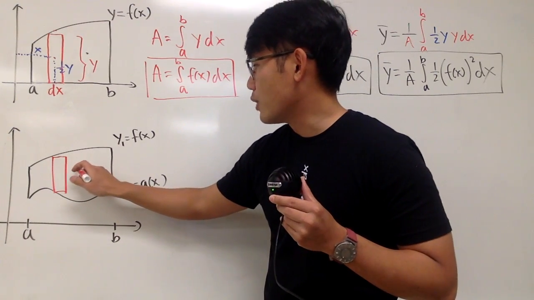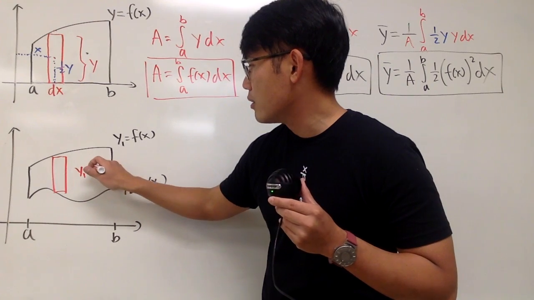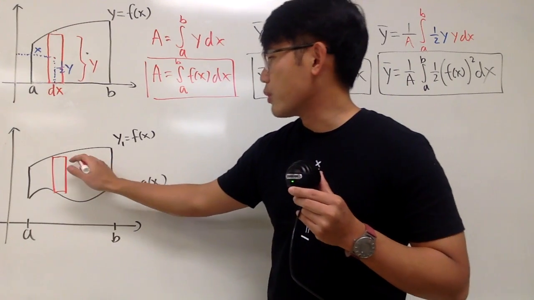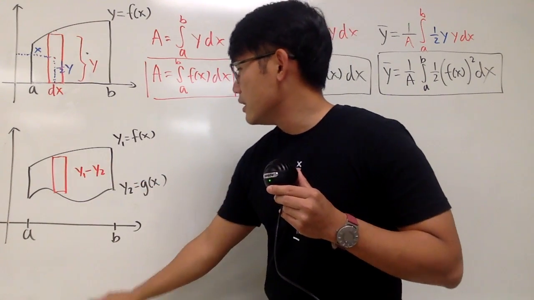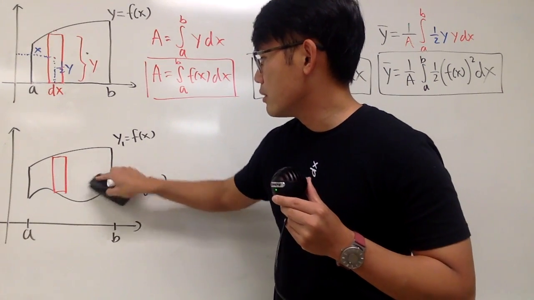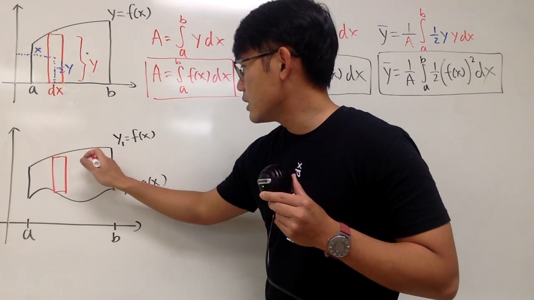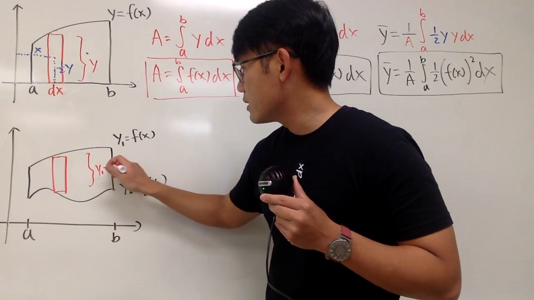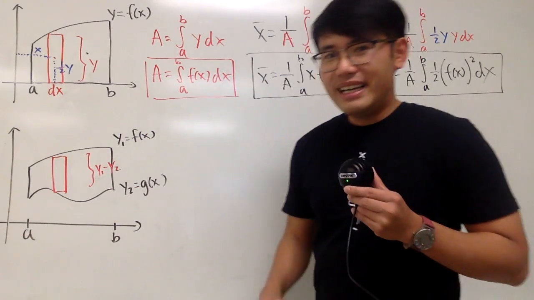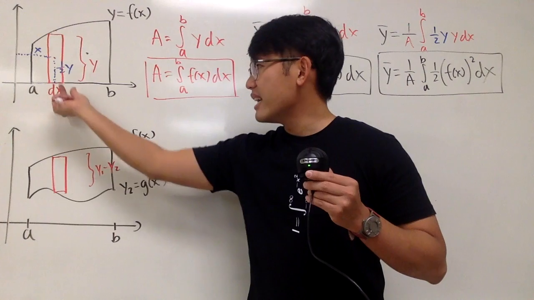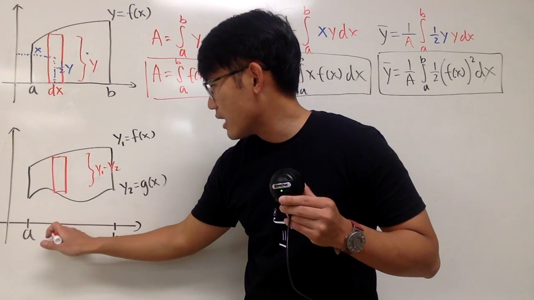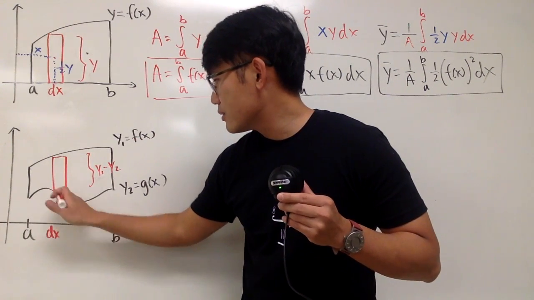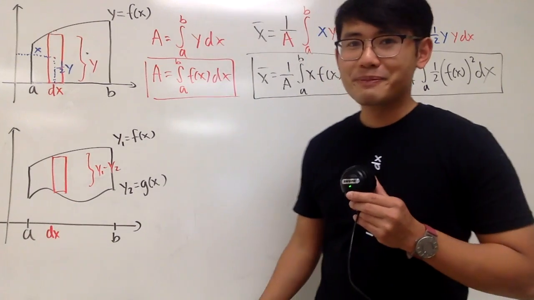So this is just y1 minus y2 for the height of the rectangle. Let me indicate this right here, y1 minus y2. And this right here is again dx. So just remember that's dx.